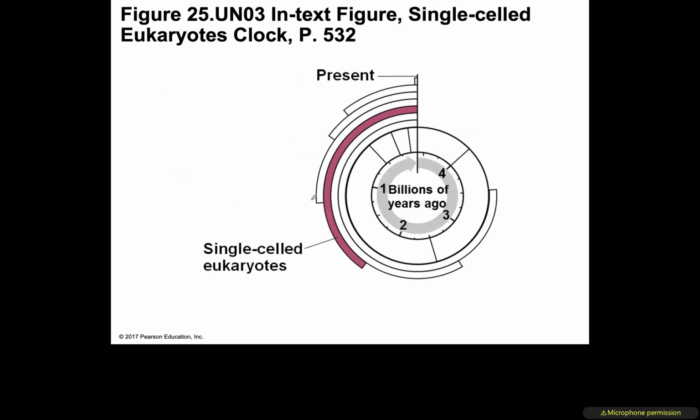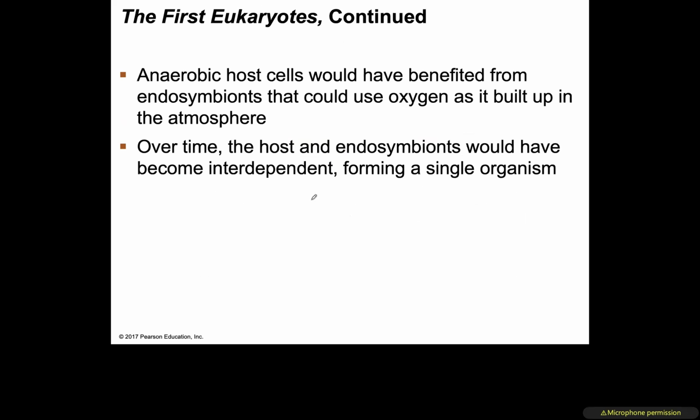So your single cell eukaryotes. Like I told you, anaerobic host cells would have benefited from endosymbionts that could use oxygen as it built up in the atmosphere. But over time, the host and the endosymbionts would have become interdependent, meaning they depended on each other.